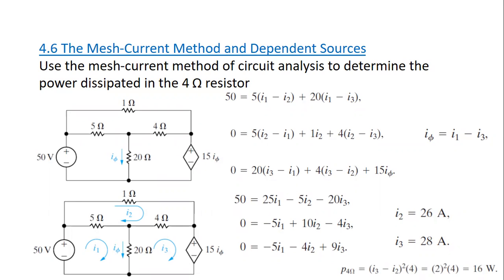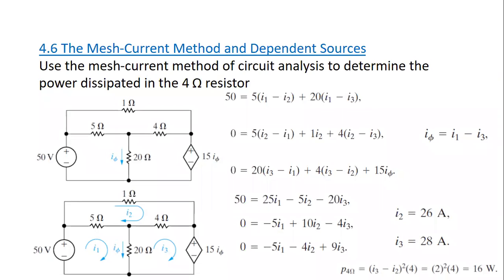In case the circuit is planar, you can use the mesh current method. But if the circuit is non-planar, and we had some examples of non-planar circuits, then you cannot use the mesh current method and you need to use another technique.